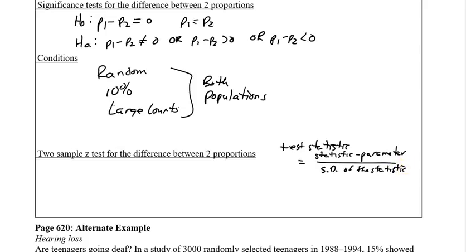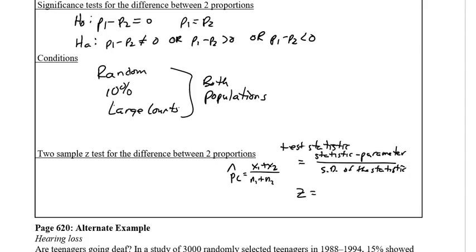This one gets pretty complicated the way that it looks, and there's lots of chances to make mistakes. We would have to have what's called the p hat c, which is combined, and that would be x1 plus x2, the number of successes from both populations added together, divided by the sample size from both populations added together. And we use that to calculate our test statistic.